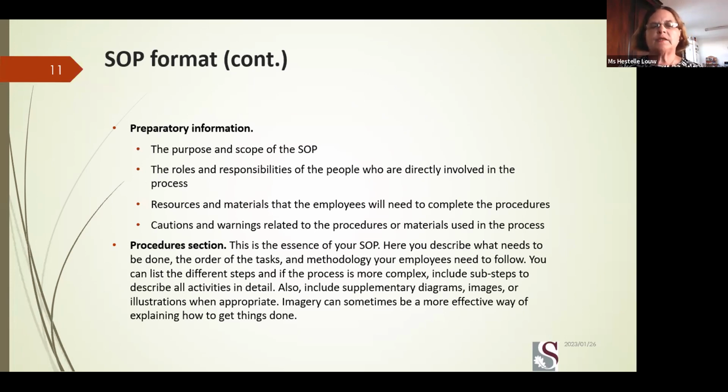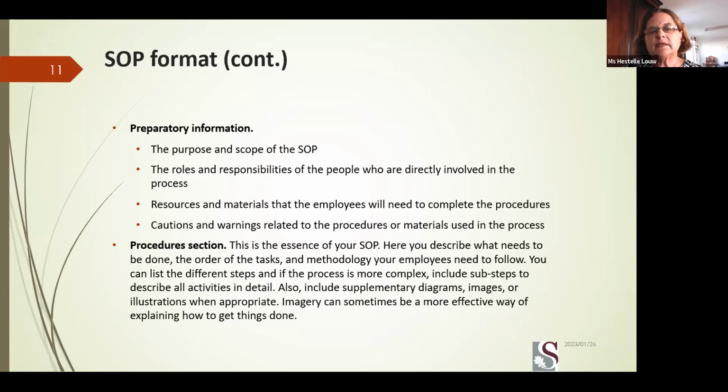Then we're getting to the procedure section, which is the essence of the SOP. Here you describe what needs to be done, the order of the tasks, and the methodology your employees need to follow.